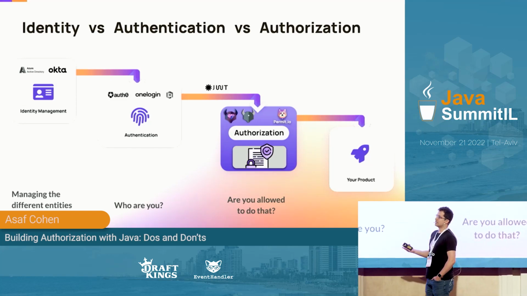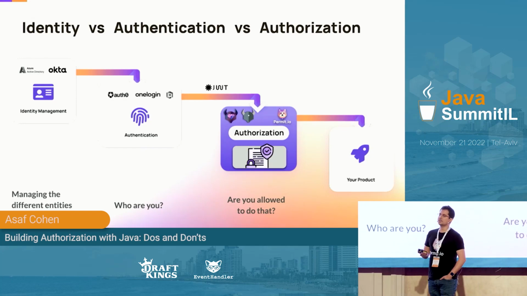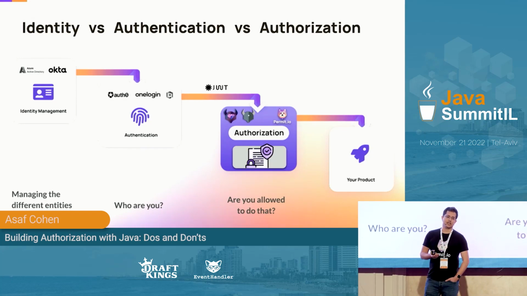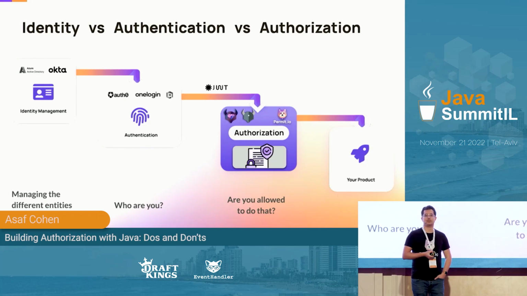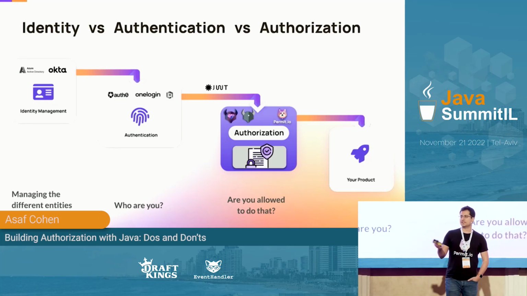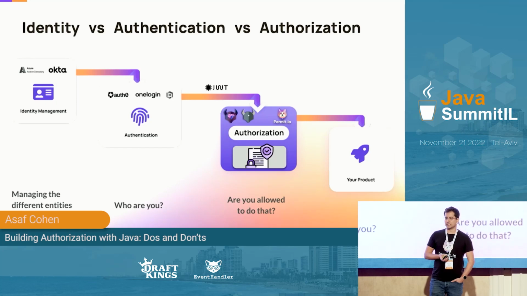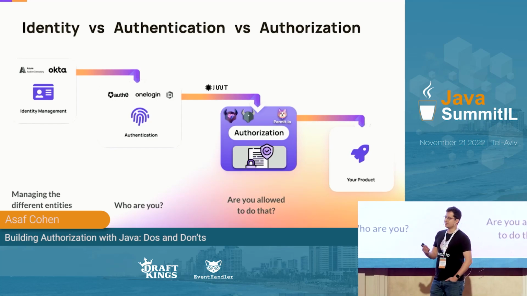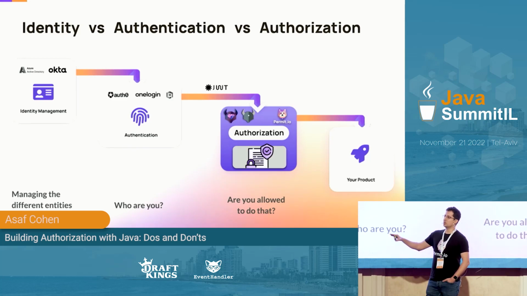And then there's authorization. Authorization handles the question, what can you do in your app? If I'm Asaf, what am I allowed to do in the IT system app? What am I allowed to do in the financing app? My permissions differ based on the app that I'm trying to access. It's not just who I am within the organization, it's what system I'm trying to access.